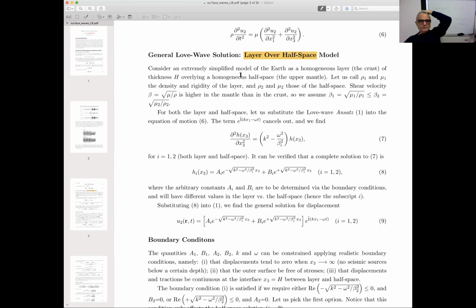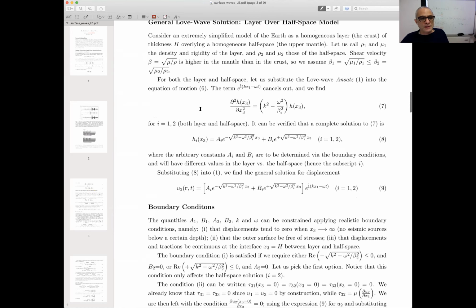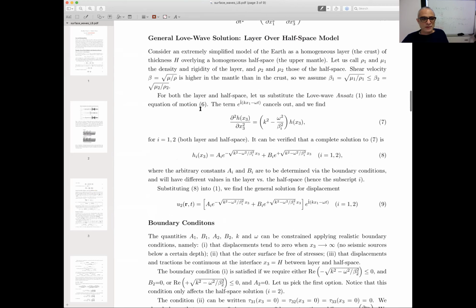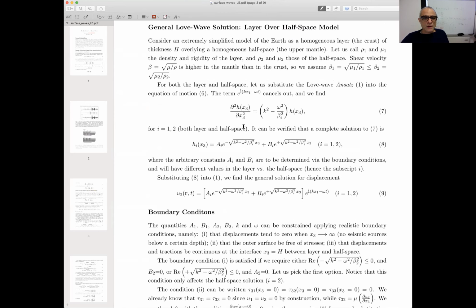Okay. So, and we are going to do it right away because this is a short course. It's not a long course. So in such a very simplified model, we can apply all the boundary conditions and see if our ansatz solves the problem.